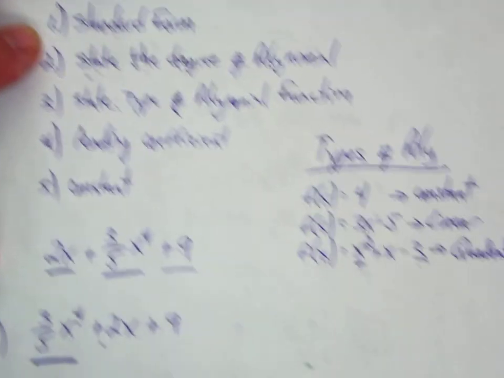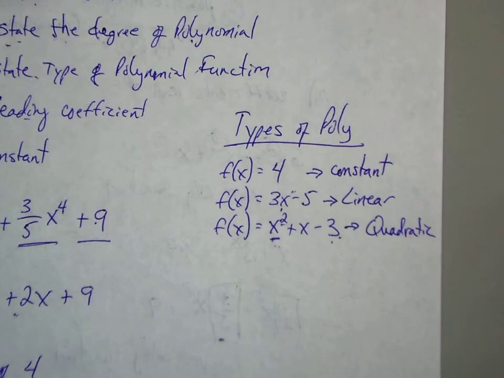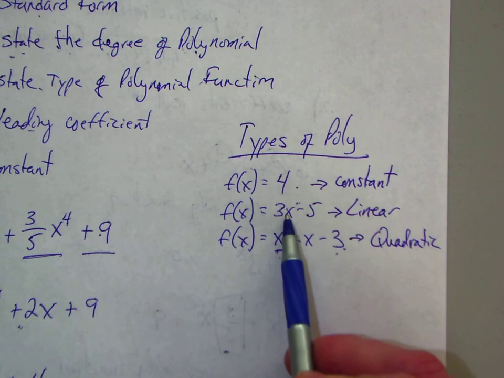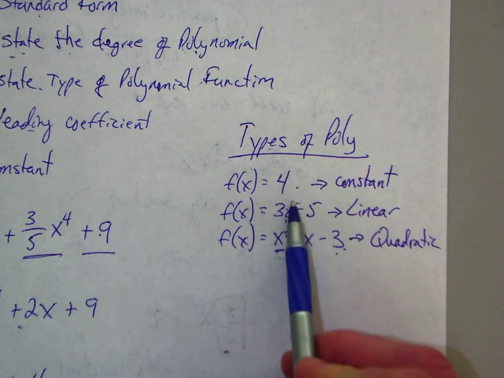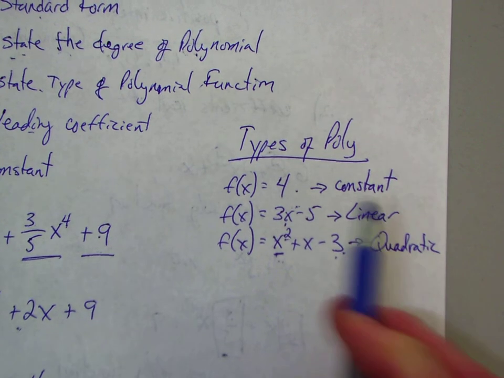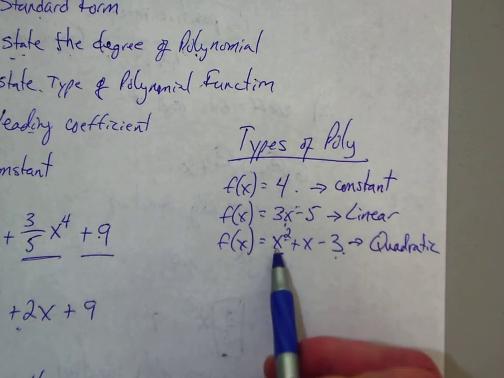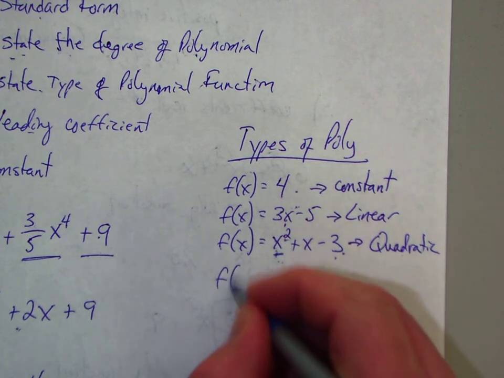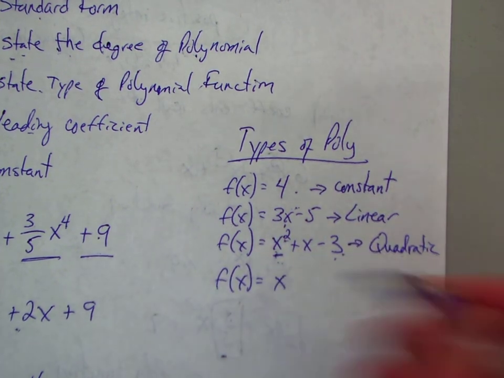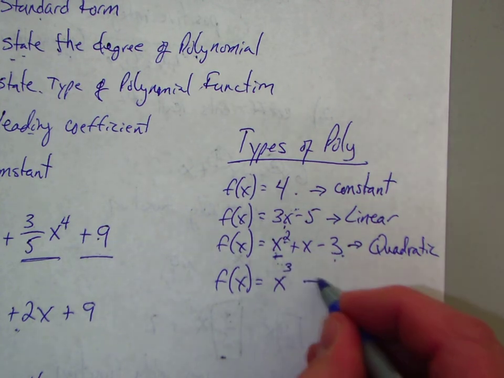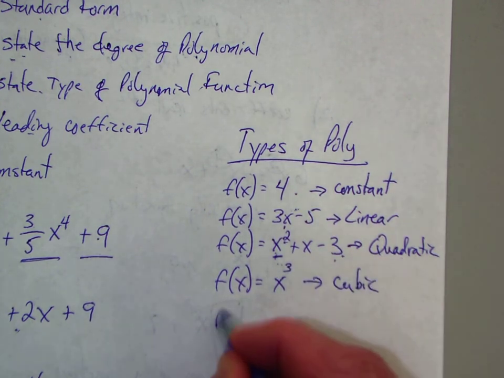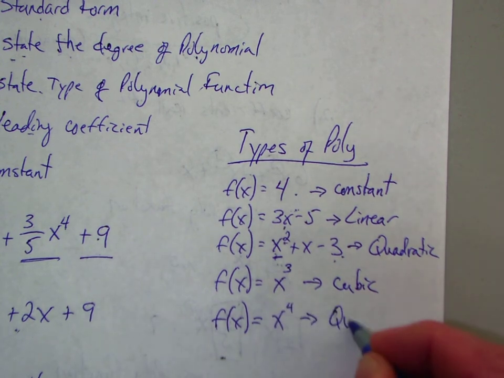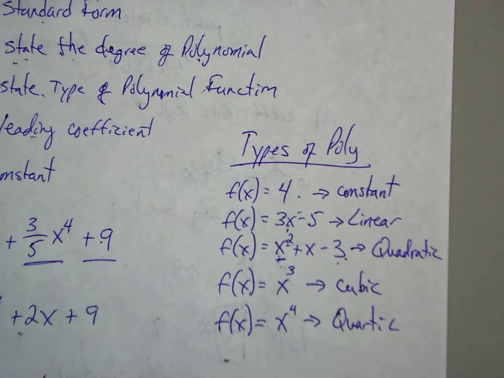Okay, so again, no variable is called a constant. If you just have one variable that has an exponent of 1, it's called linear. If the variable with the largest exponent is a 2, it's called a quadratic. If the largest exponent is a 3, it's called a cubic. And then to the 4th power is called a quartic. So those are the 5 polynomials you need to know.